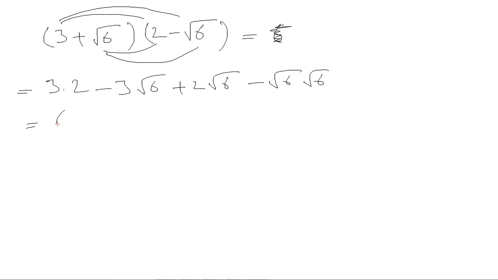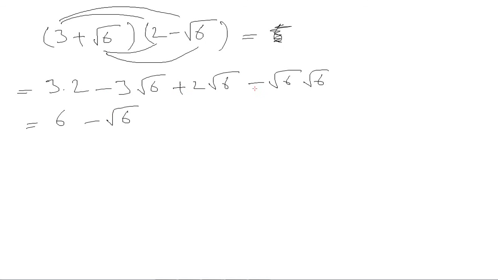Now this is 6 minus 3 radical 6 plus 2 radical 6. These are like terms. Minus 3 and 2, I need to add them up. It gives me minus radical 6.